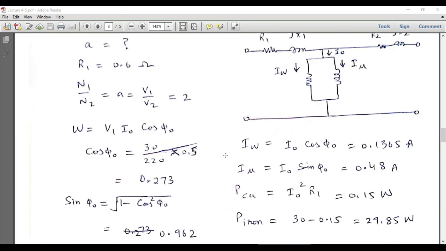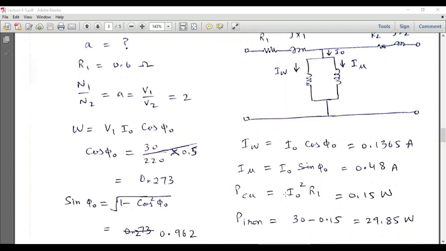So now we can calculate this IW, and IW is equal to I naught cos phi naught, and we can calculate this I mu. It is given as I naught sin phi naught, and now we can calculate the copper losses, and copper losses are equal to I naught square R1, and I naught is actually the current which is flowing through this branch, and then that current actually diverts to this magnetization branch, and it is divided into IW and I mu.